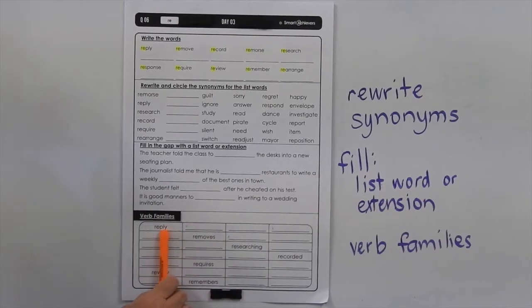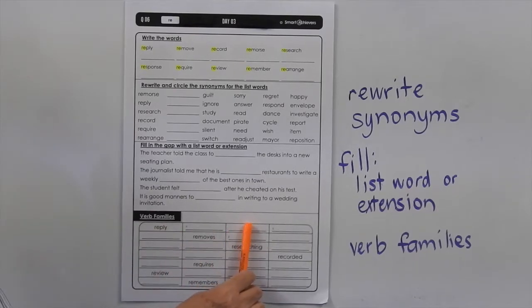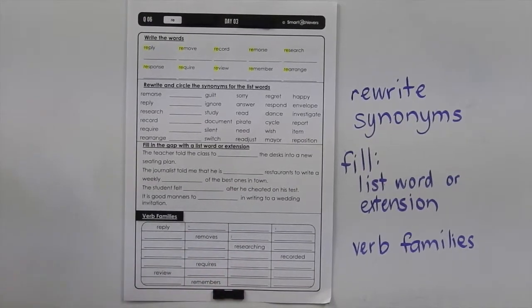And we also can't get rid of that sound. We can't say repling, we want replying. So we do need the sound of the I with the Y in replying. You can just be aware of those rules as you finish that section of the page, and maybe just discuss it within your group.